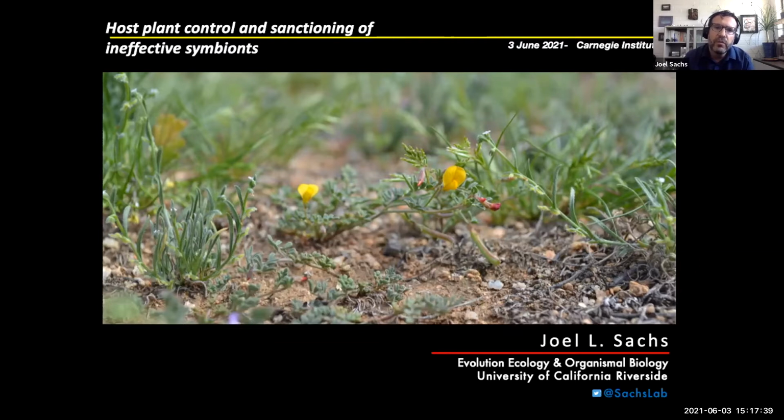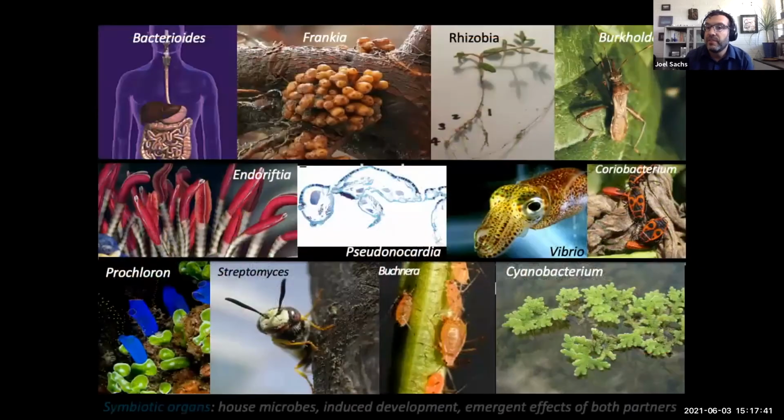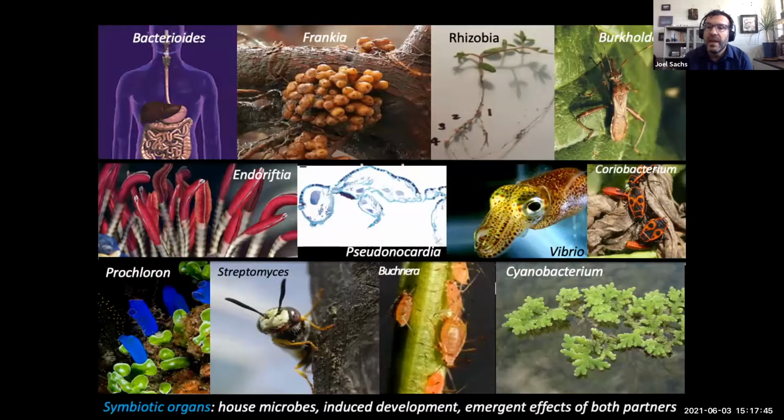One of the most striking aspects of symbiosis, or these intimate interactions between hosts and their microbes, is the recurrent and diverse evolution of symbiotic organs. We can see some symbiotic organs in this picture here. Symbiotic organs are host structures that have a suite of three important features.